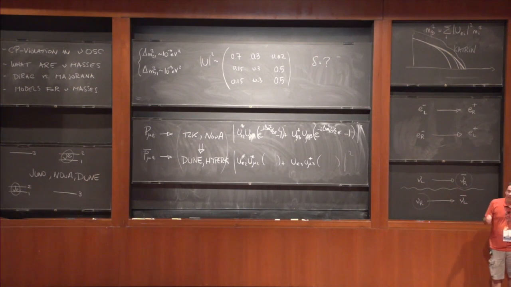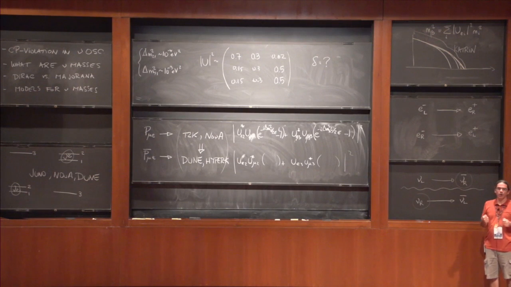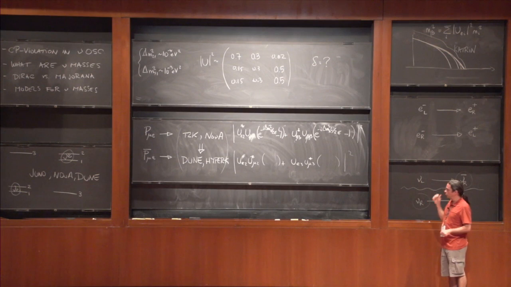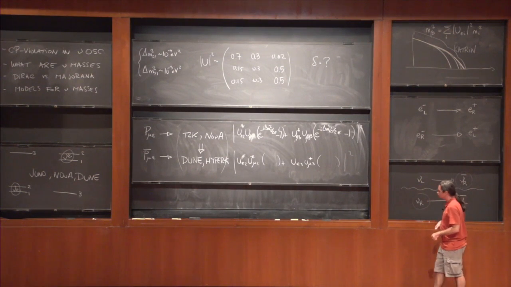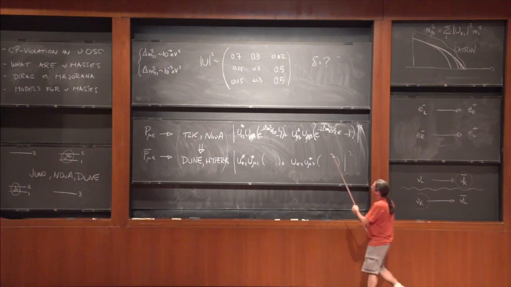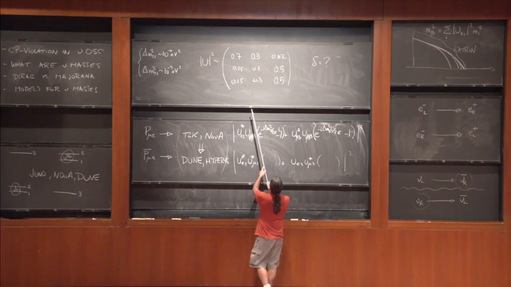But until we get there, we have another way of looking for a lepton number violation. And the best hope that we have for this is to look for a nuclear physics process called neutrinoless double beta decay. So I'll tell you about this very briefly in about 5 minutes or so.